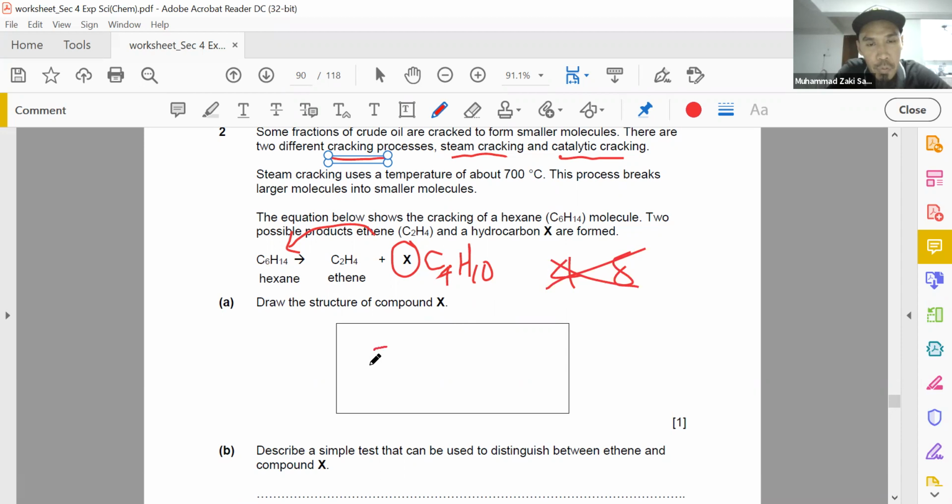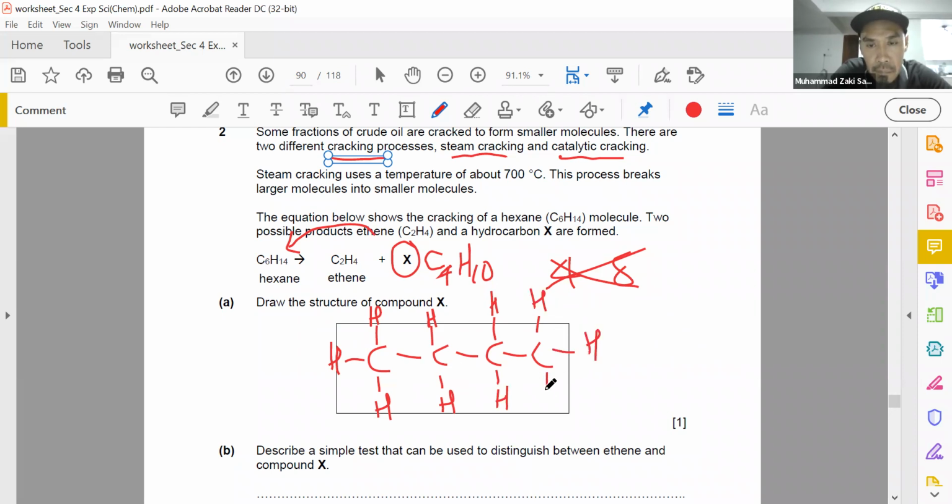It's butane, C4H10. I'll try to draw this properly. So this is butane.